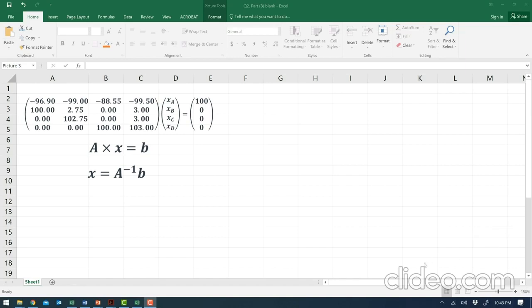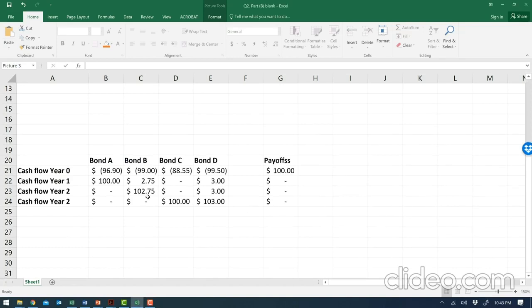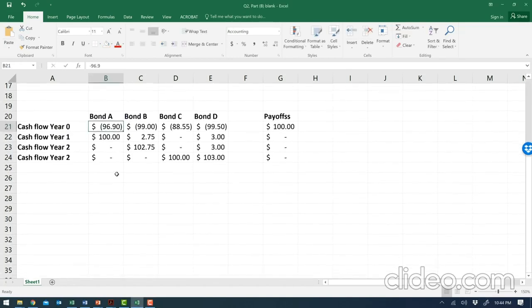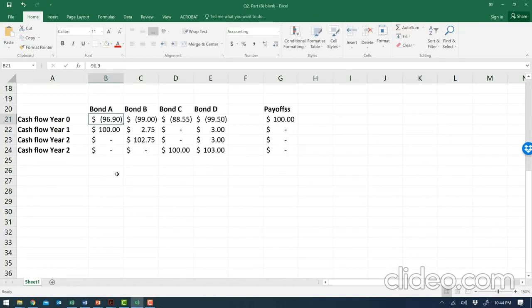So here, what I've done below is that I have written down the system, these numbers, into just Excel arrays. So this is my matrix A, and this is my matrix B. The goal right now is to invert these highlighted cells and then multiply them by this vector B. First, I will use the MINVERSE function that inverts this 4x4 matrix.